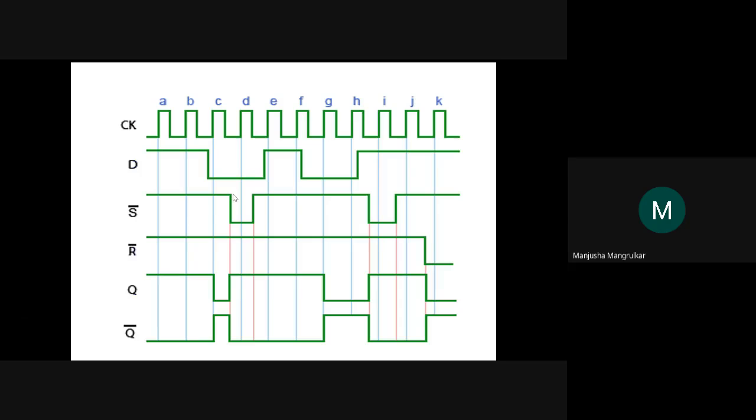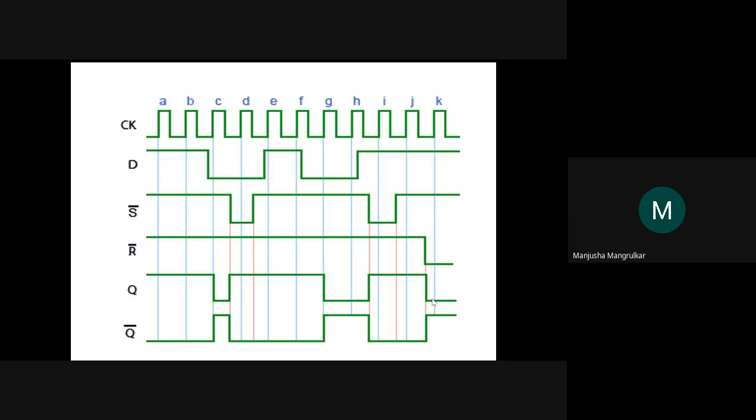Now in SR, if S is 0 and R is 1, right? If S is 1, R is 1, both, there is no defined output of Q and Q complement. But if S is 0 and R is 1, it is a set, right? But if R is 0, it is a reset.